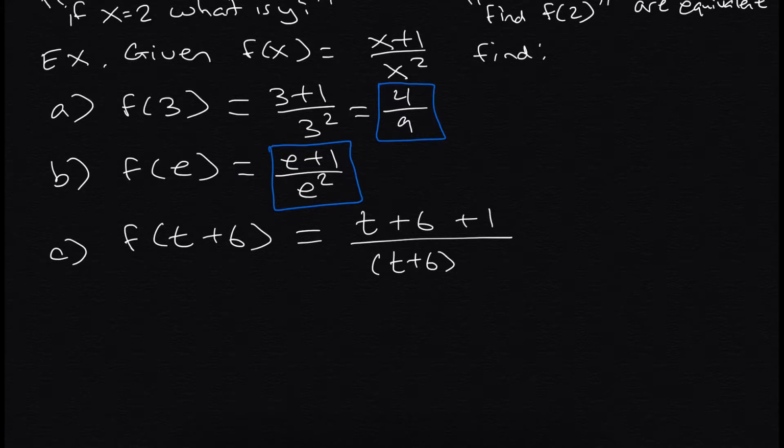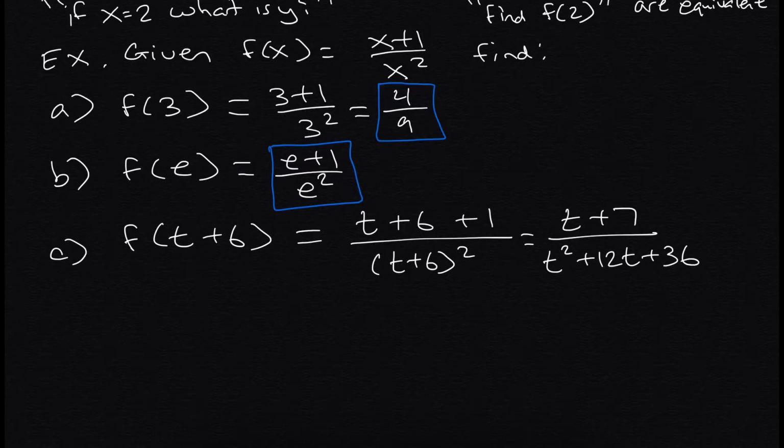Now I'm going to have a t plus 6 squared. And when I checked your homework, it asked you to expand this out. So t plus 6 plus 1 is t plus 7. Combining the 6 and the 1 there. T plus 6 squared, I'm going to FOIL that out. That'll give me a t squared plus 12t plus 36 there.